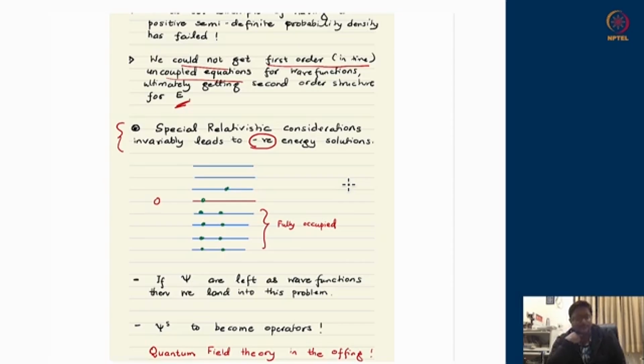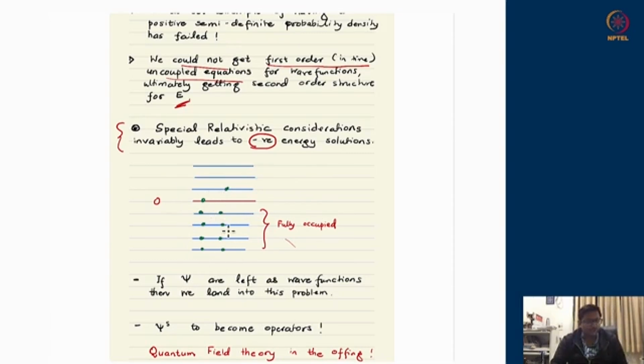So there were various proposals. One proposal was the negative energy sea by Dirac, where he argued somehow nature works in a way that all the negative energy states which are allowed are already full. They are fully occupied. Remember, in the structure, each state for a spinor can be accommodated with either plus or minus sign spin, helicity h bar by 2 or minus h bar by 2.